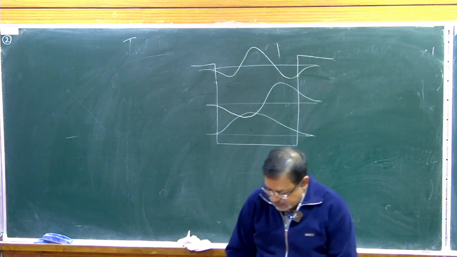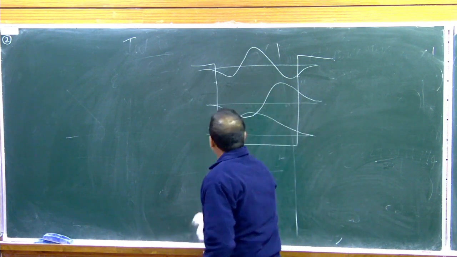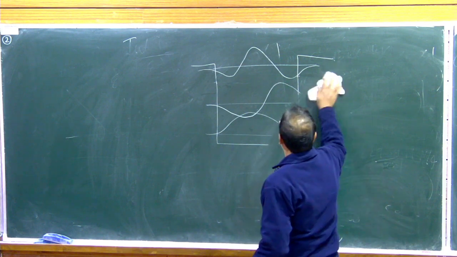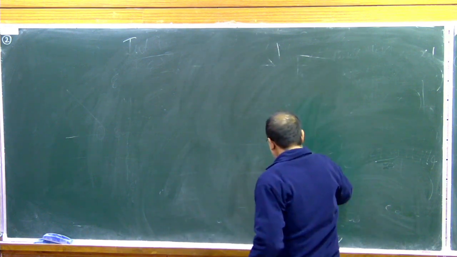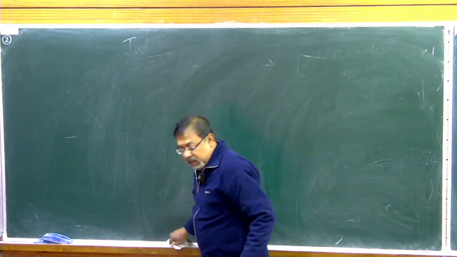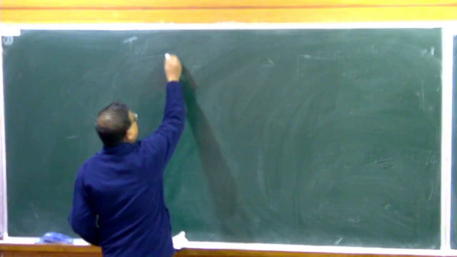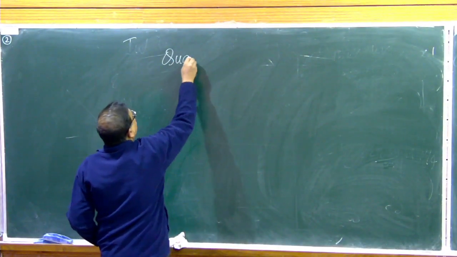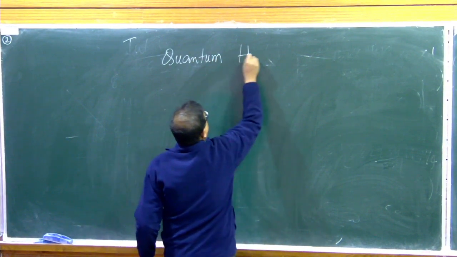Now, let me go over to another class of problems which is often very interesting in the context of quantum mechanics and also in classical mechanics. That is called the harmonic oscillator, and because we are doing a quantum oscillator, we will write quantum harmonic oscillator.